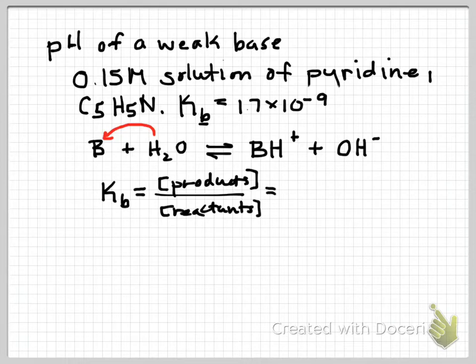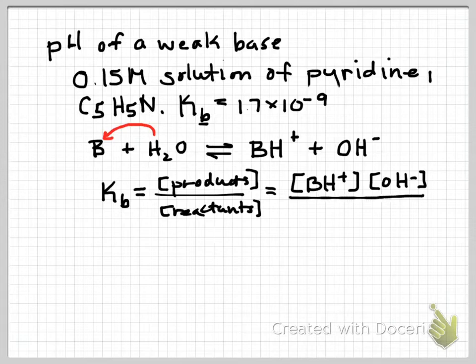And that's going to equal the protonated base times the hydroxide concentration all over the concentration of our base. Again, we do not include water because water is a pure liquid, which does not get included in the K expressions.